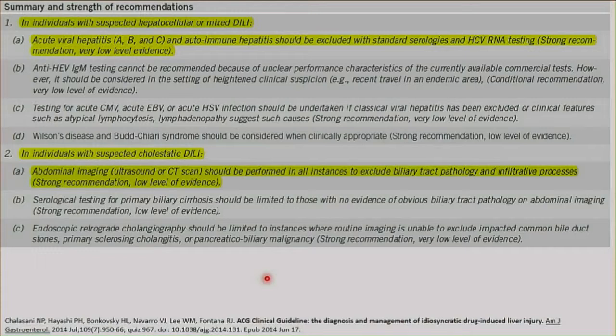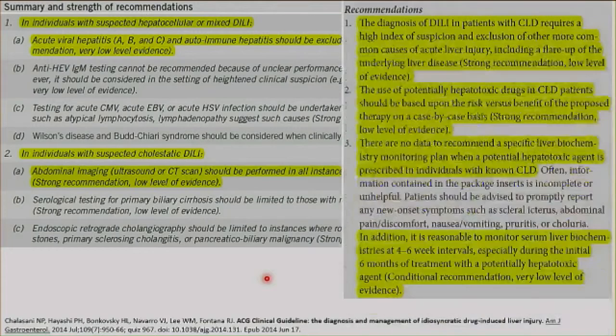So the summary: acute viral hepatitis should be excluded from the first time we have the condition, whether this is DILI or not. And in individuals with suspected cholestatic DILI, sometimes we need abdominal imaging, ultrasound, to make the differential diagnosis with obstructive icterus.